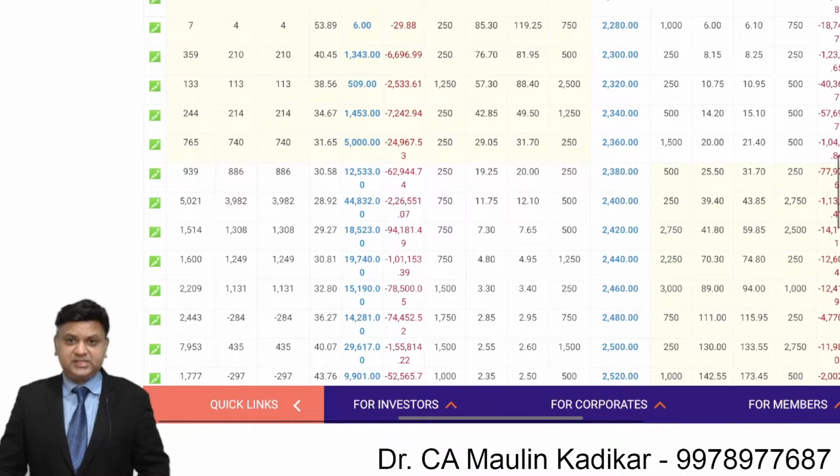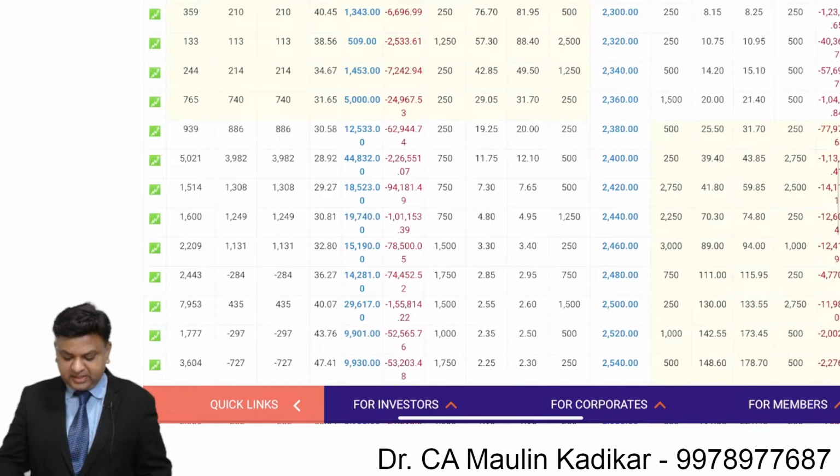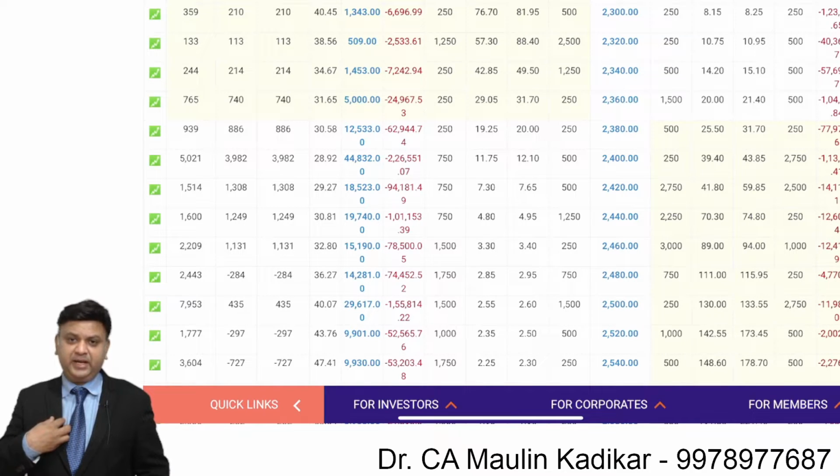When the exercise price increases from 2380 to 2400, the premium is 12.10. From 2400 to 2420, it is 7.65. Logically, if I want to buy an option with the lower exercise price, there will be more chances for me to make a gain. If the chances of making a gain increase, then the premium will obviously be more.